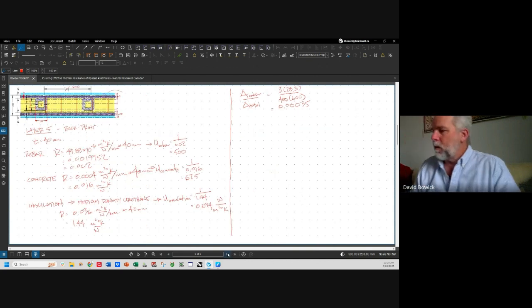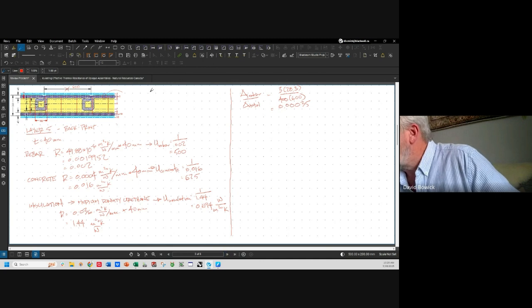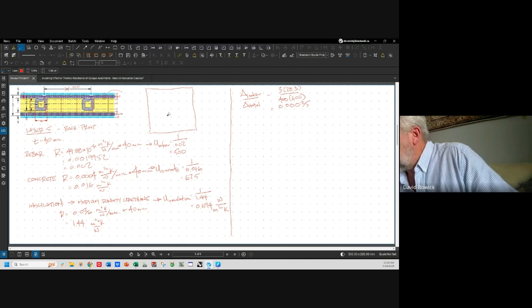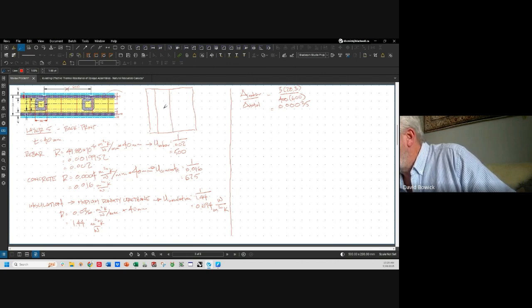And it's the same. One thing I didn't do on this one, let's draw an elevation of that layer. There's our square. Within that layer, we have insulation, we have concrete, and we have some bars running through. So we have 1, 2, 3 bars.